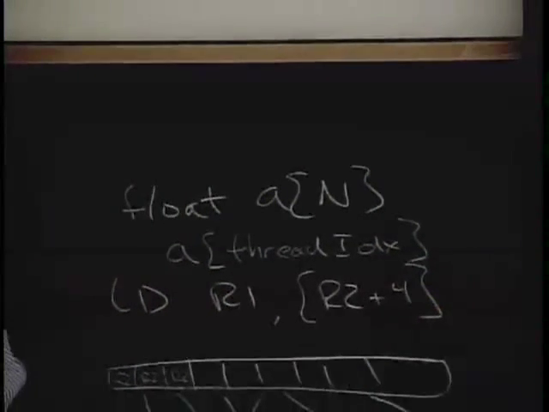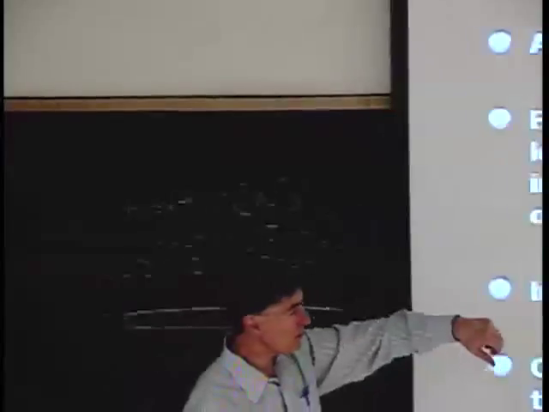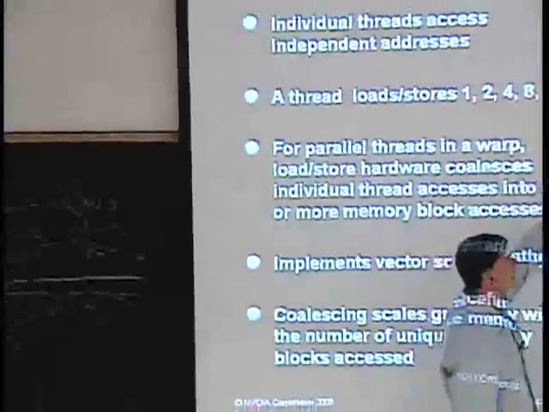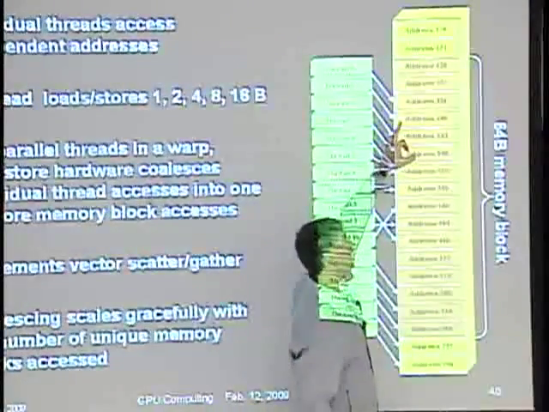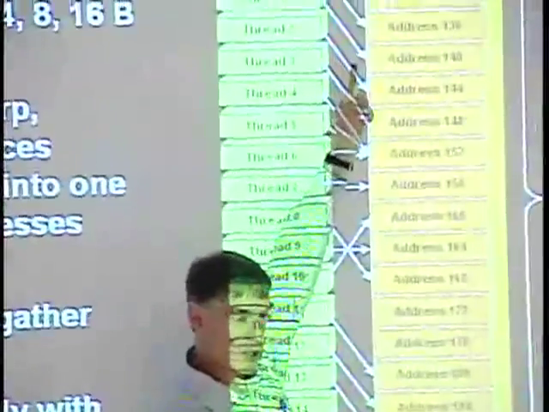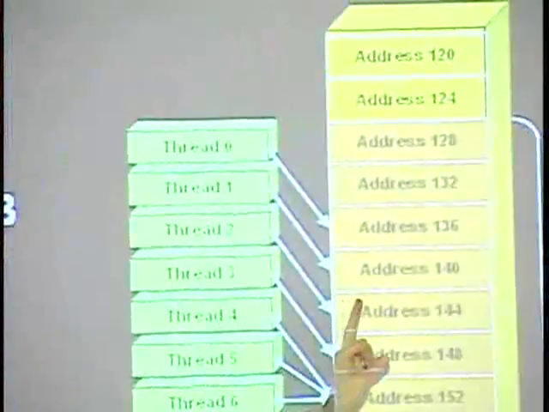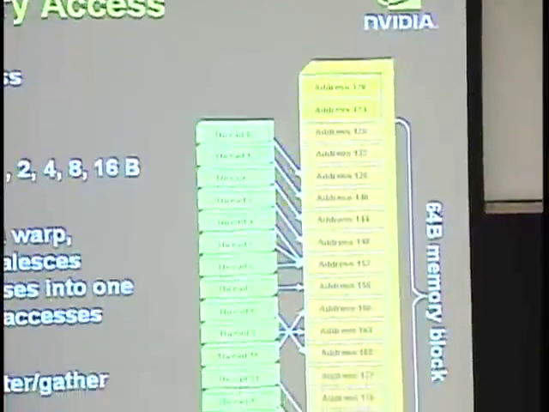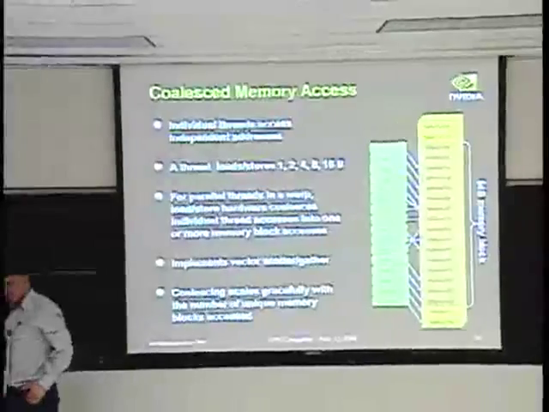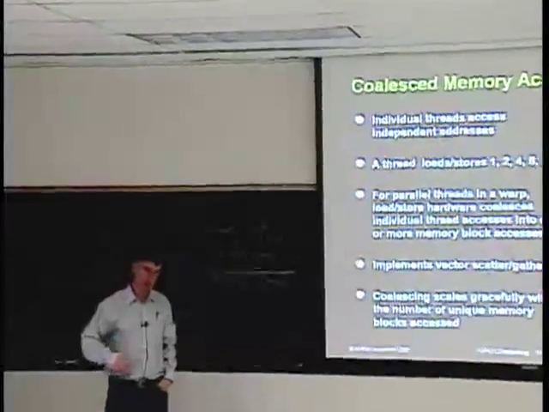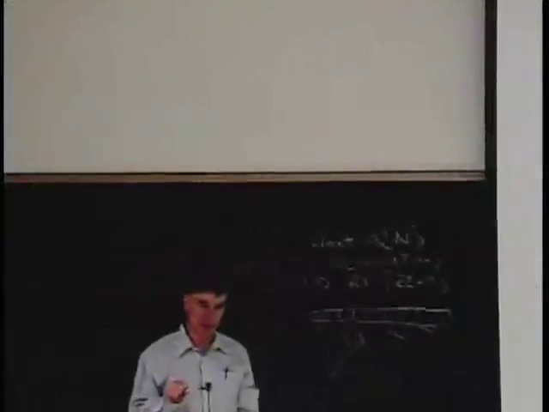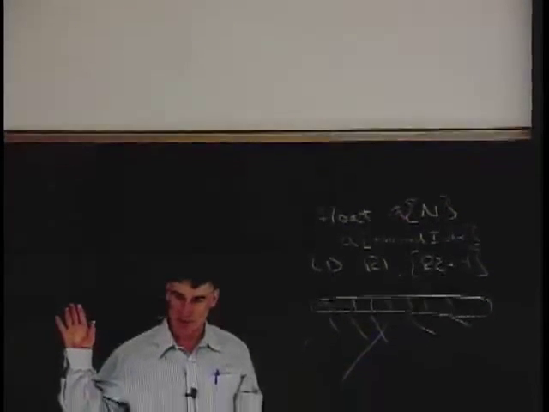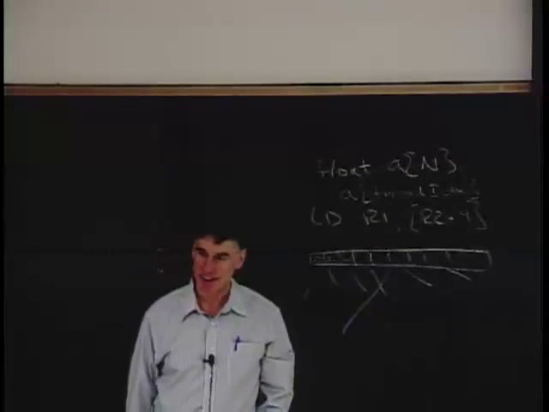When you do that, you're guaranteed to get an easy to coalesce pattern because thread 0 asks for, let's say, address 0 in the array, thread 1 asks for address 1 in the array, and so forth, and they all just fall into probably 1 or 2 memory blocks. So the hardware detects that automatically, but the nice thing is that if you want to write an arbitrary, crazy program, it works, it just runs slower.